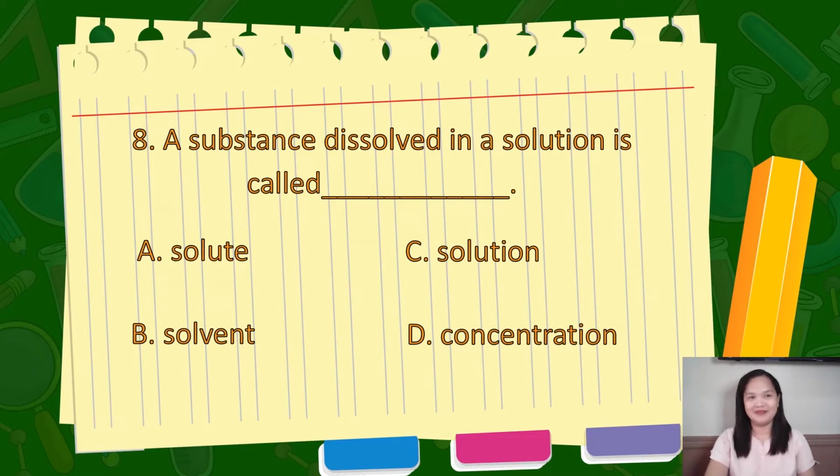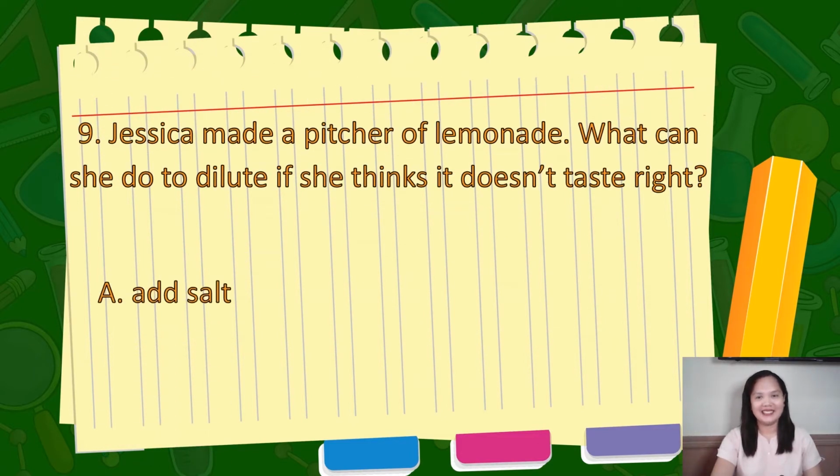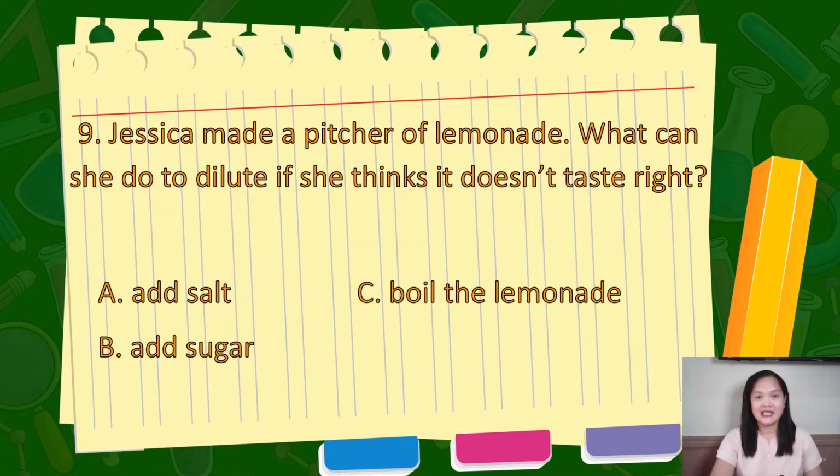Number 9. Jessica made a pitcher of lemonade. What can she do to dilute if she thinks it doesn't taste right? A. Add salt, B. Add sugar, C. Boil the lemonade, D. Put it in the refrigerator.